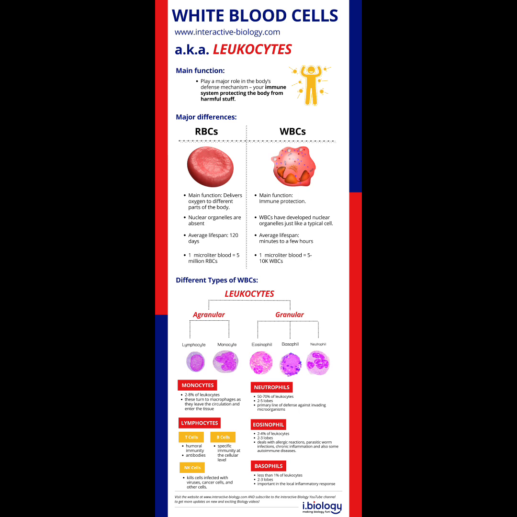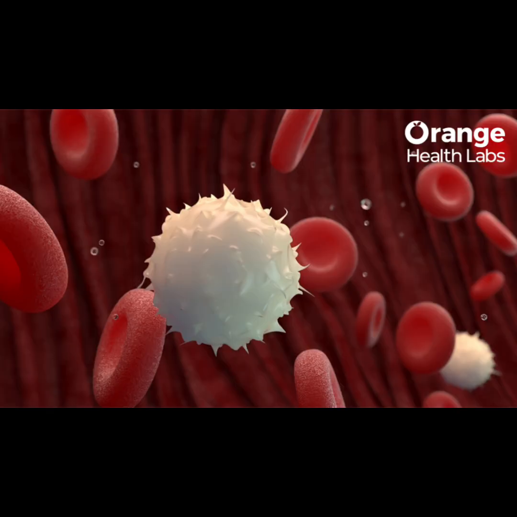Coming to granulocytes: neutrophils, eosinophils and basophils. These are the different types of granulocytes. Whereas lymphocytes and monocytes are agranulocytes.